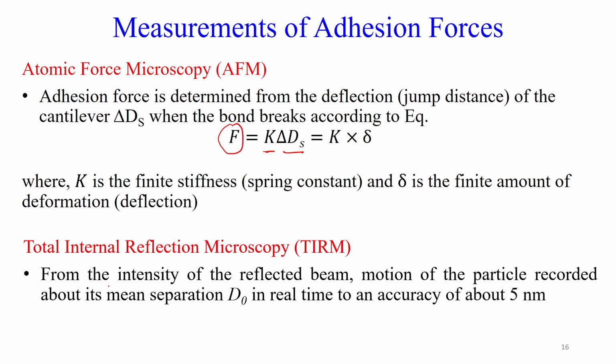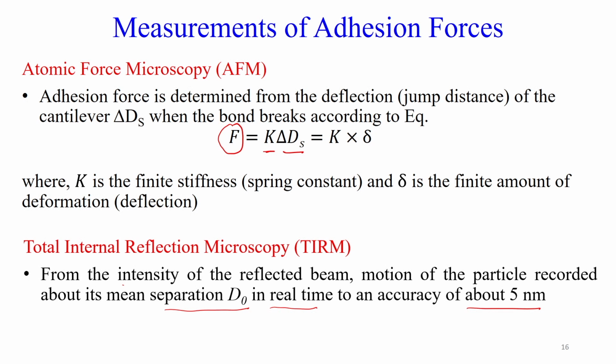So, if you record the intensity of the reflected beam, then the motion of particles is recorded about its mean separation distance between the solid surface and that particular colloidal particle, and here the accuracy is about 5 nanometer.